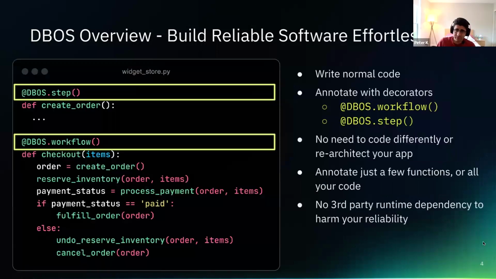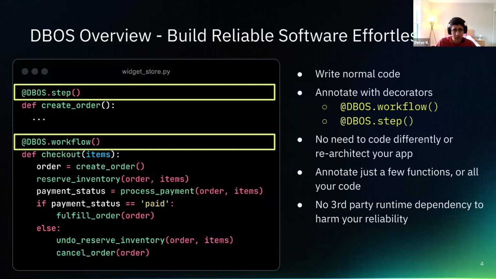Great. Thanks, Andy. So quick overview of DBOS. Most of you have already seen this, but just in case, the main idea is to make it much easier for you to build reliable software. DBOS provides open source, ultra lightweight workflows. You annotate workflows and steps in your existing programs.